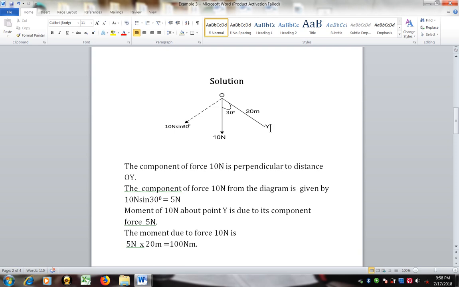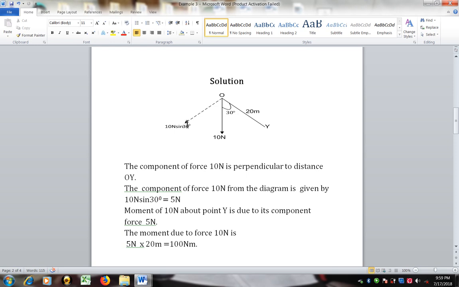It is very important that we recall that whenever we want to find the moment of a force, it is the product of that force and the perpendicular distance of the force from the fulcrum, right? So if we are taking this force, we have to resolve it again in a direction which is perpendicular to this line OY.